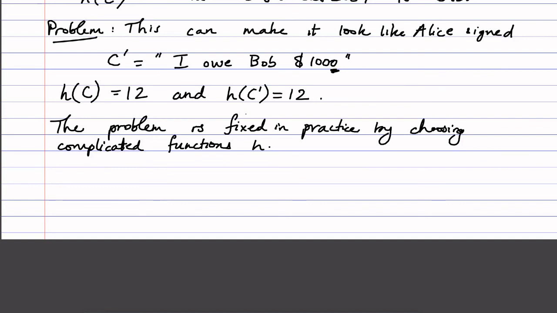But the hash functions used in practice are so complicated that you can never find such a pair, C and C prime.